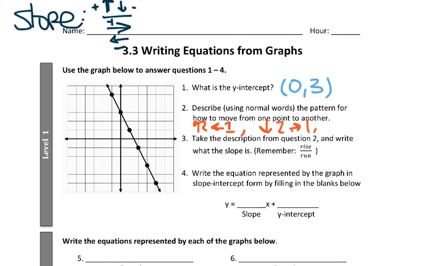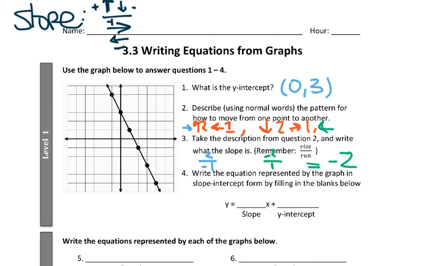So if I wanted to write the slope, using this set of instructions here, then my slope would be 2 divided by negative 1. If I was using this description over here, it would be negative 2 divided by a positive 1. Either way, no matter how you cut it, you need to simplify your slope to be negative 2, because 2 divided by negative 1 is negative 2, and negative 2 divided by positive 1 is negative 2.